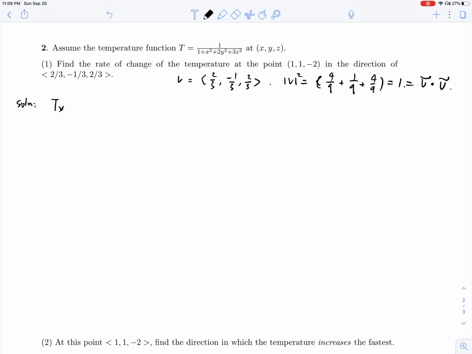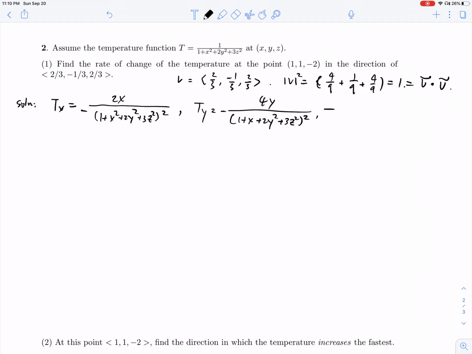So t_x is going to be, remember this is the denominator, so we have the whole thing squared, negative (1 + x² + 2y² + 3z²)^(-2), and then by chain rule, this is 2x, right? t_y will have the same denominator, negative (1 + x² + 2y² + 3z²)², and this is going to be 4y.